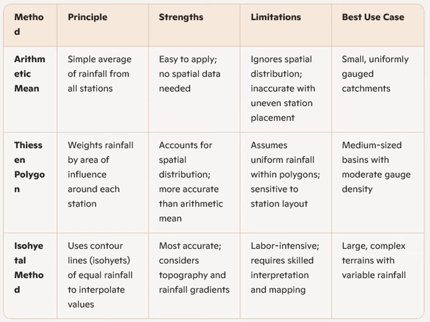So 0.25, that means 25% of 28 millimeter will be 7 millimeter. So the answer will be 7 millimeter. Average precipitation of this watershed is 7 millimeter as per the Thiessen Polygon Method.